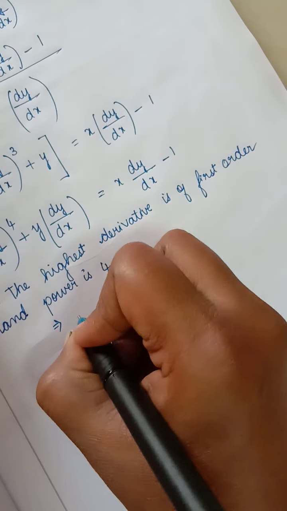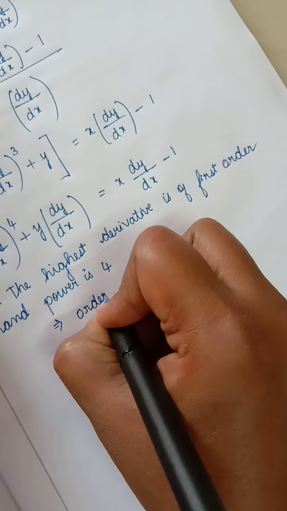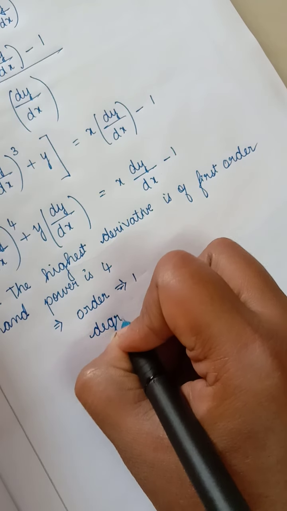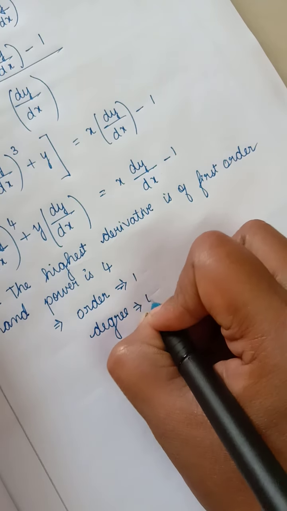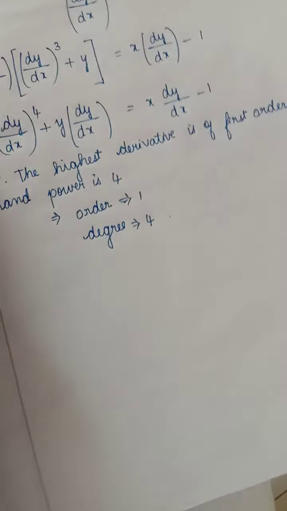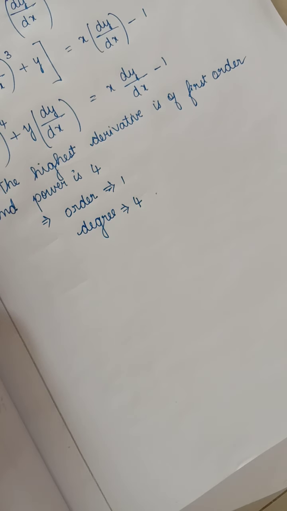So that implies order equals 1 and degree equals 4.